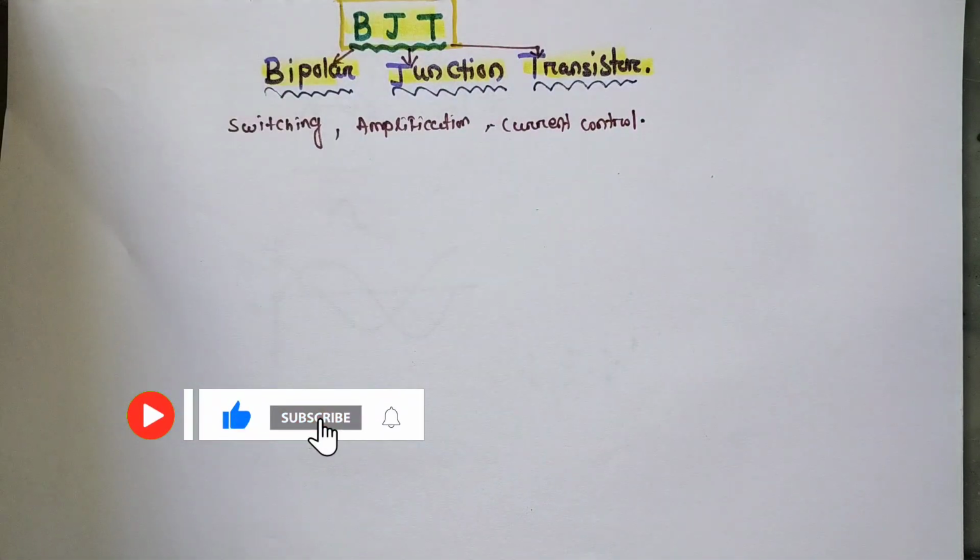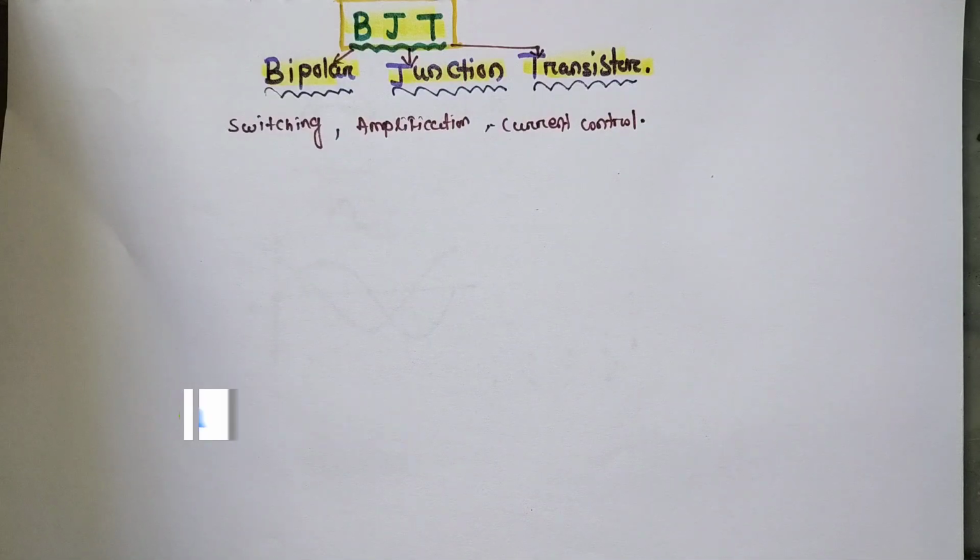In this chapter we are going to understand what the BJT is and how it behaves inside the circuit in real-time applications.